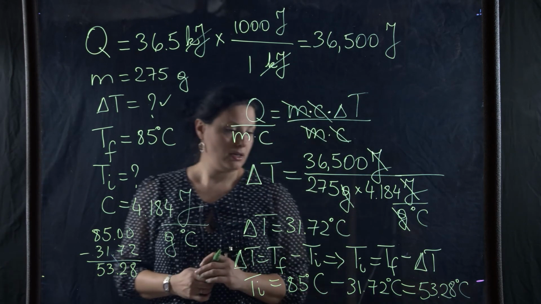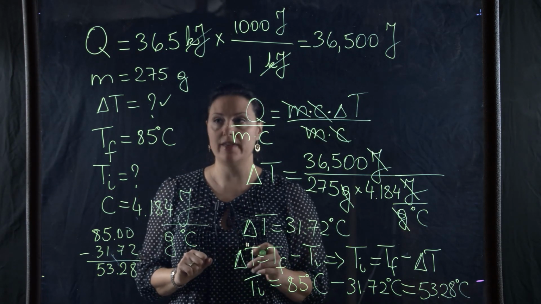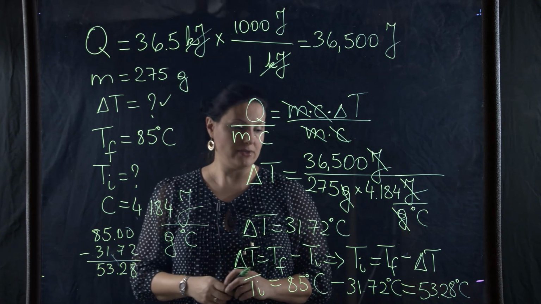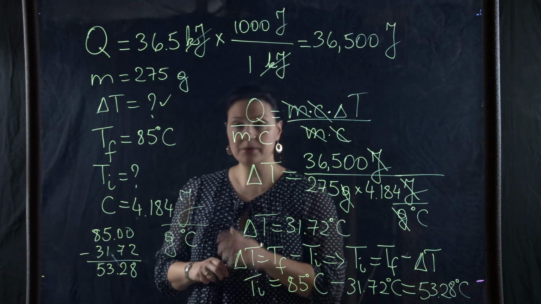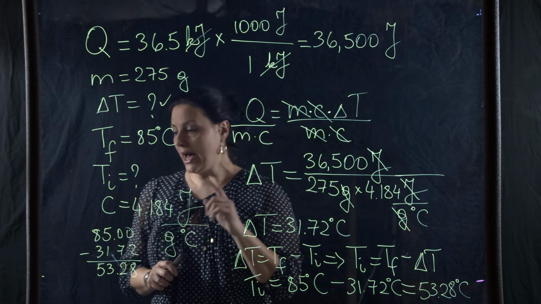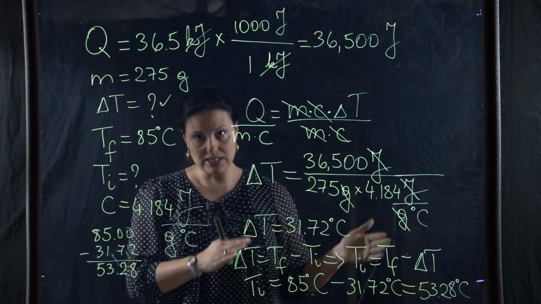That is the initial temperature if the final temperature of that system is 85 degrees. Okay, that's the end of the problems for that one slide. I will make another video for the problems in the next slide.